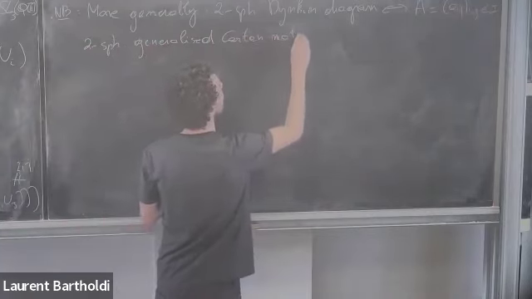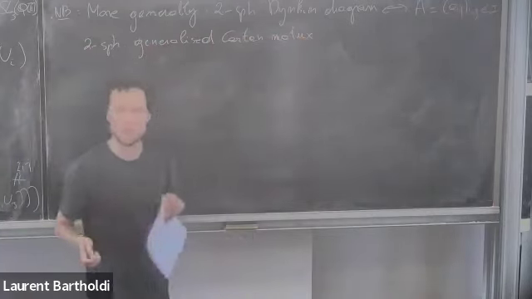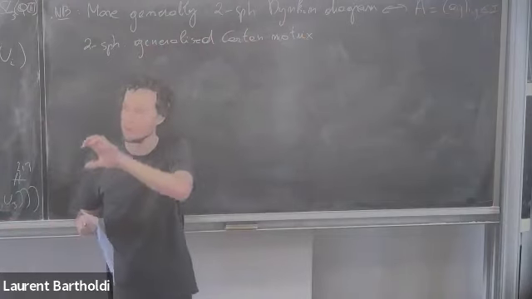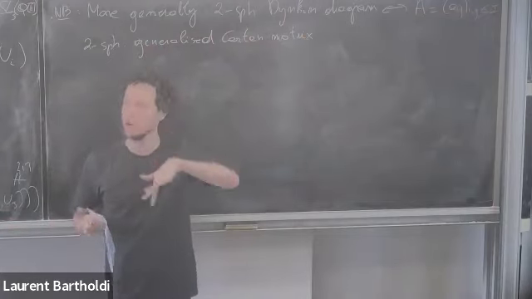So this is a matrix like a usual Cartan matrix with the twos on the diagonal and then non-positive integers off diagonal.